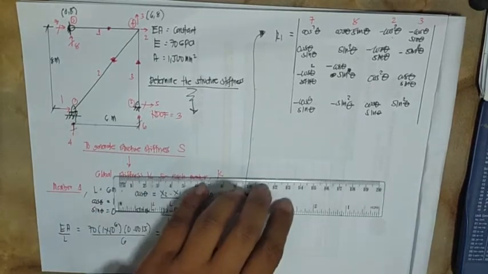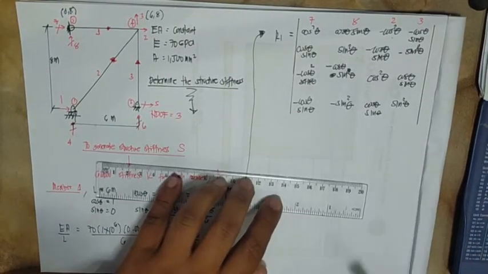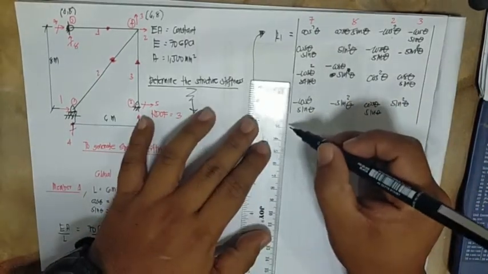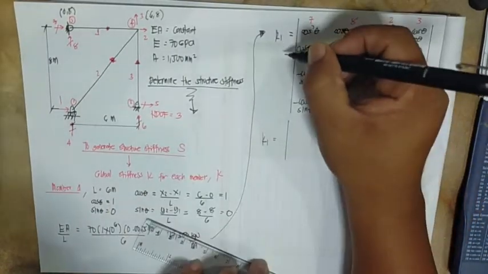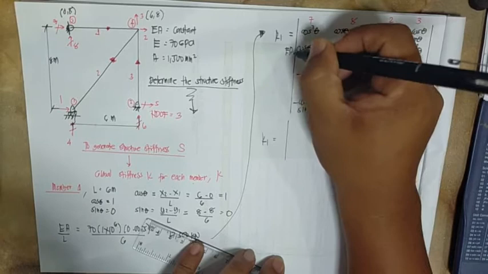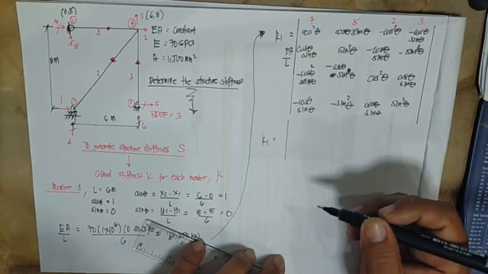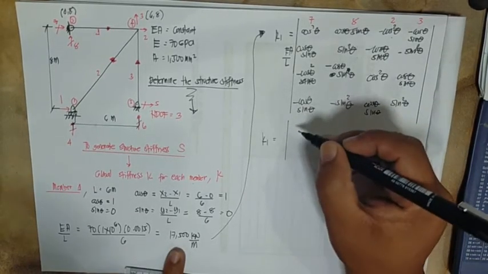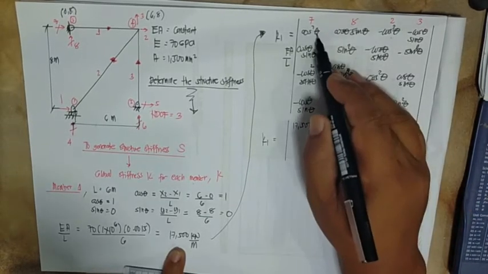Okay? So, by putting all these values, your K1 will become... by the way, there is EA over L here, don't forget. So, 17,500, because this is cosine squared, this is 1.